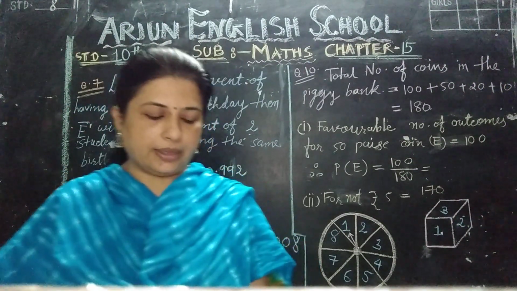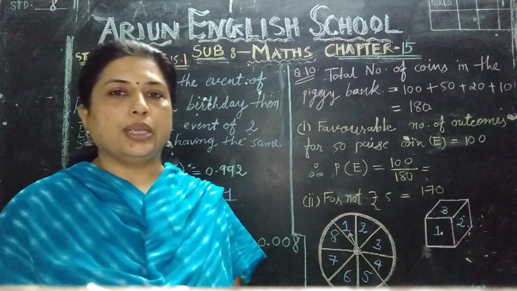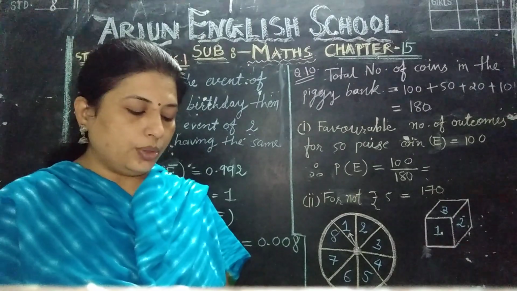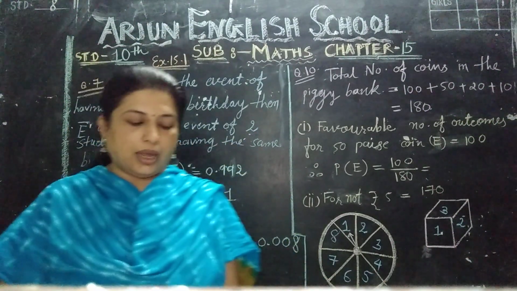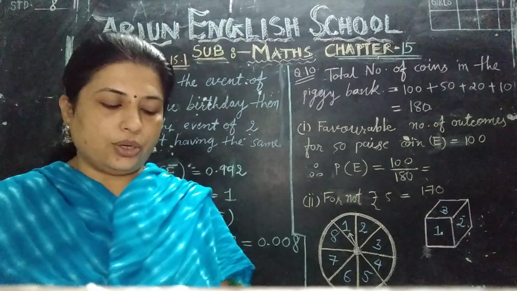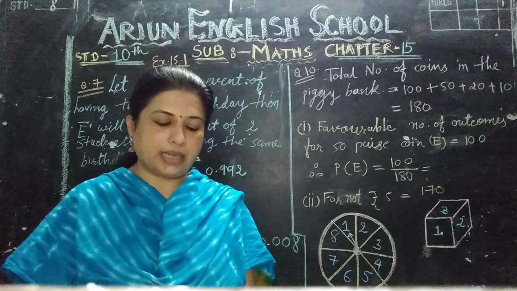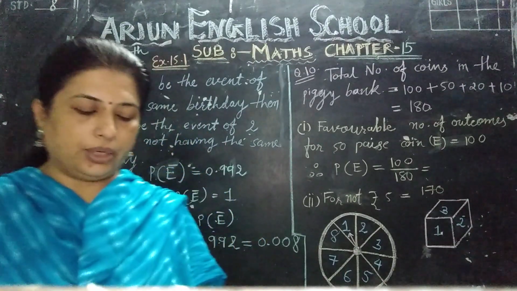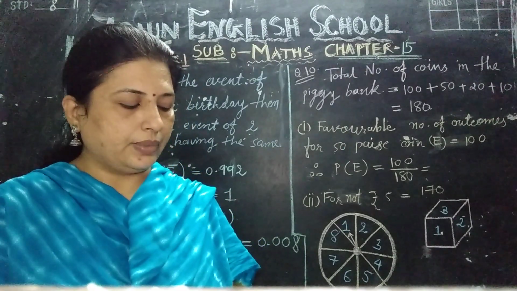So, we can say that equally likely outcomes are there. Understood? Either right or wrong. We can reasonably assume that each outcome, right or wrong, is equally likely. So we can say that they are equally likely outcomes.